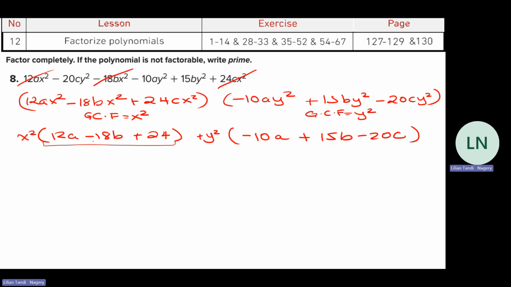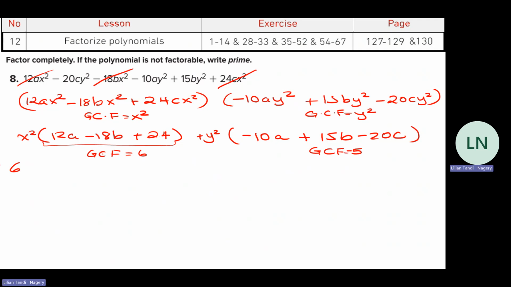So here, 6 is another greatest common factor. 6 can go into these three numbers. So if you do greatest common factor, this should be 6 here. You have another greatest common factor, which is 6. And then here, your greatest common factor is 5.